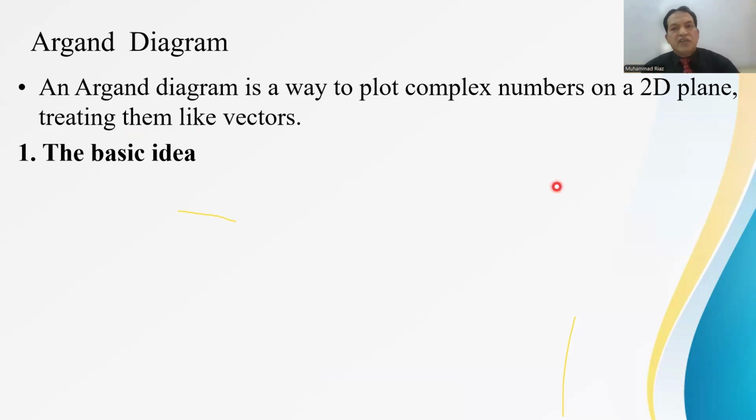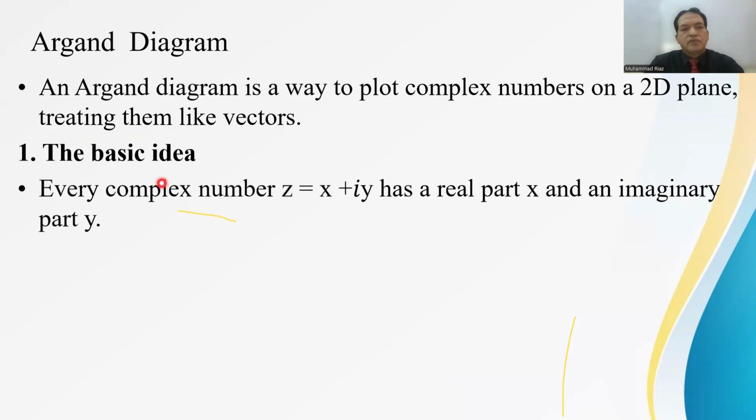Now, the basic idea for the Argand diagram, students. First of all, every complex number, as you know, like z is x plus iota y, this is the standard form of a complex number.